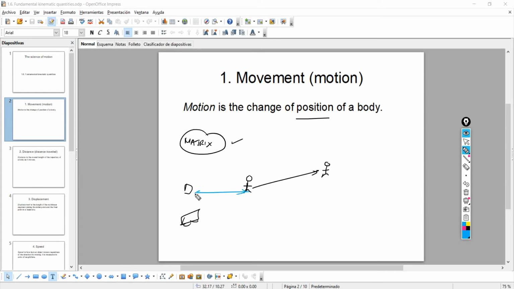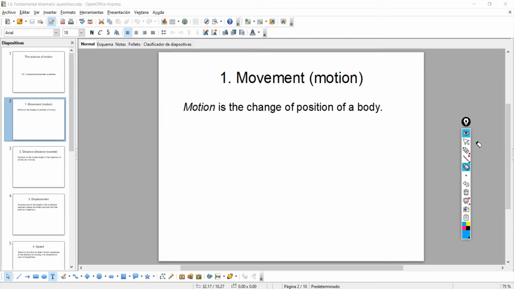In this case, this person went from this position to this other position with respect to this object, and therefore you can say that this person has changed position. But if you lack any point of reference, you cannot actually talk about motion. That is a very philosophical concept. Try to understand it. Okay, let's move on.